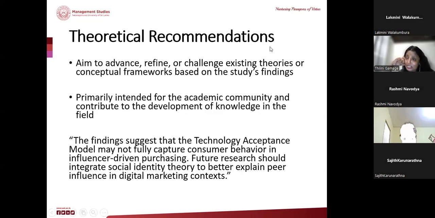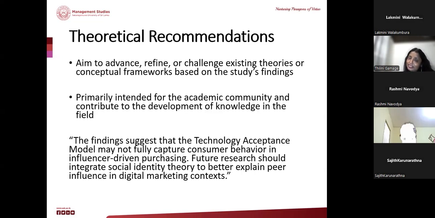And there are some circumstances where you try to merge two theories together to give a broader perspective. So that's very important. So you should be able to clearly state the theoretical recommendations stemming from your findings.